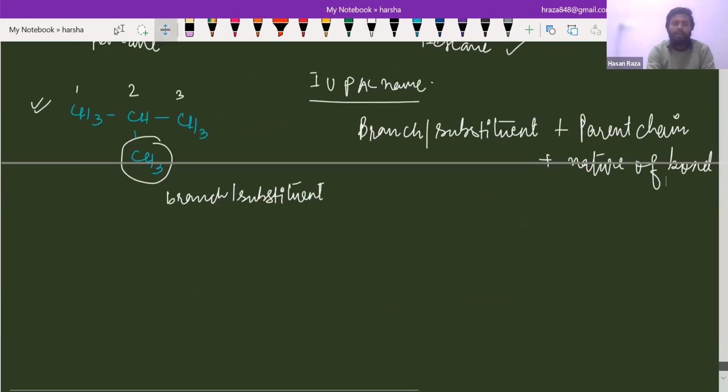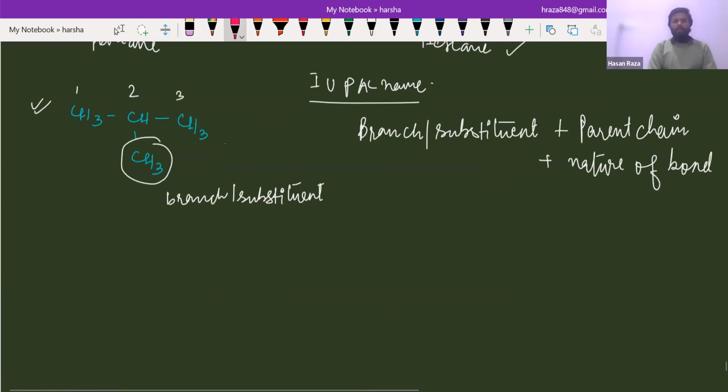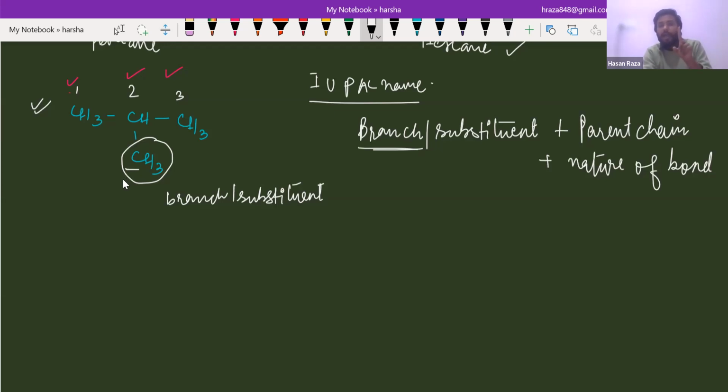See how I am going to write the name of this compound. It's very easy to understand. The longest chain that you can get is 1, 2, 3. Either you can take 1, 2, 3 or the other way; both are the same. Is that clear to everyone? Now, to write the name of the branch, how many carbons are in the branch? 1 carbon, and for 1 carbon we use meth.